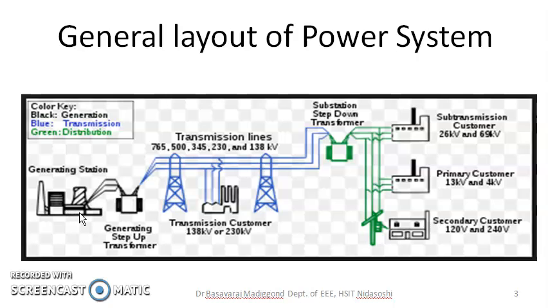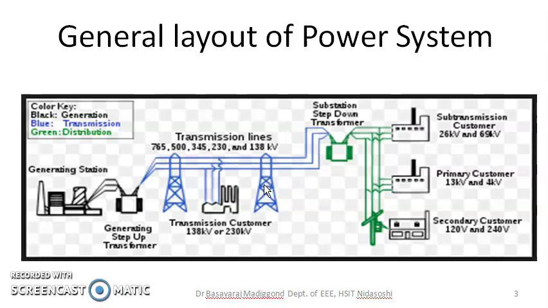It is then transmitted over a long distance to the load centers with the help of conductors, which are known as transmission lines. Finally, it is distributed to a large number of small and big consumers through the distribution network.